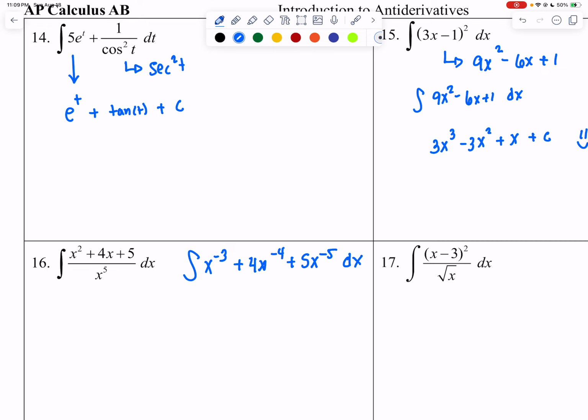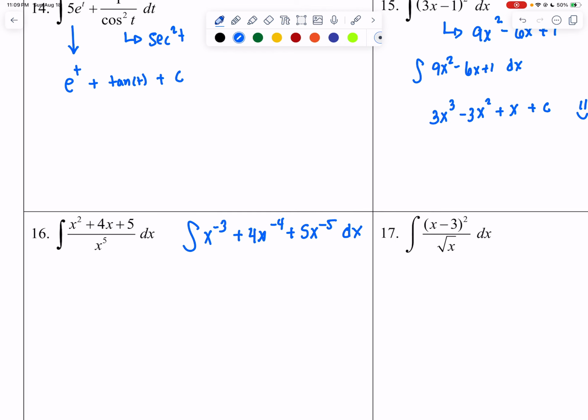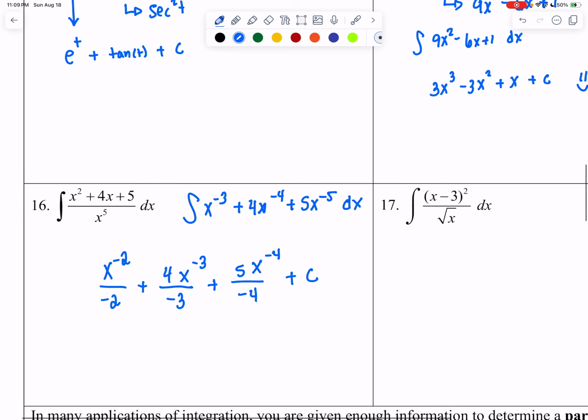And then we're just going to take the antiderivative of this by upping my power and then dividing by whatever my exponent is. Upping my power, then dividing by my exponent, and then of course a plus c.